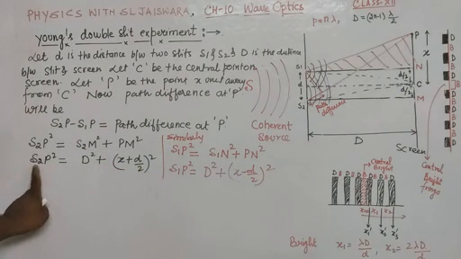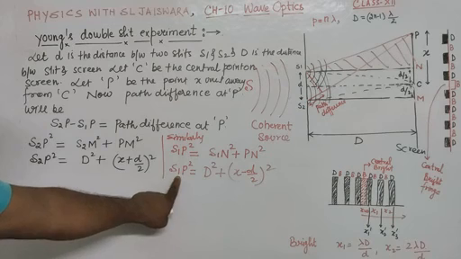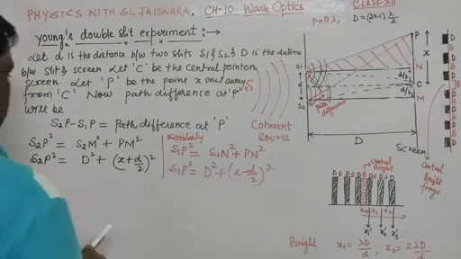Now we have S2P square here and S1P square here. Let us subtract both.